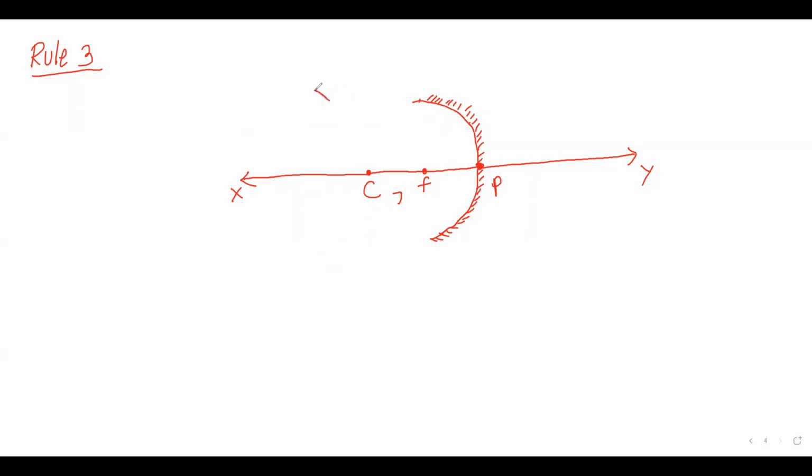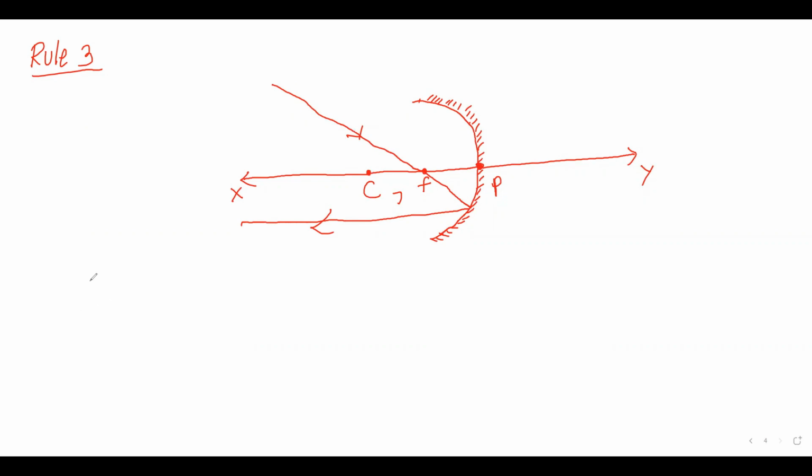A ray passing through the focus, after reflection, will become parallel. This is the reflected ray, this is the incident ray. Okay, fine. This is the third rule. I'm writing the rule. Please note down.